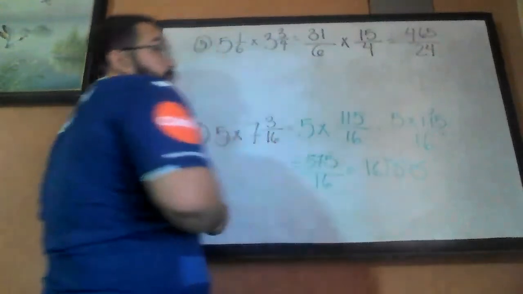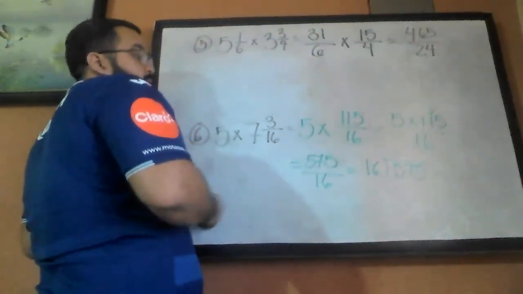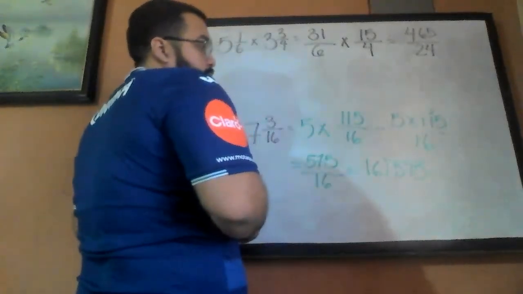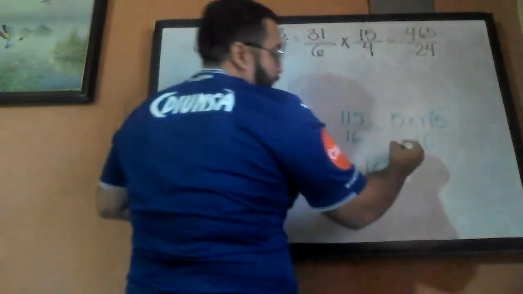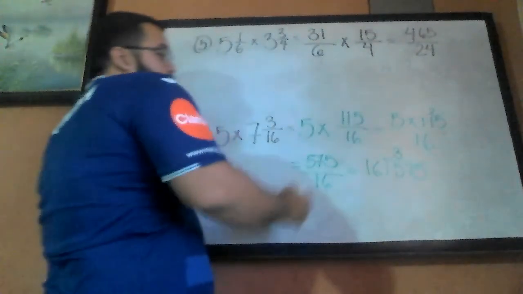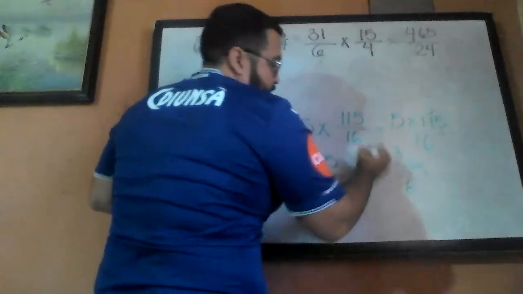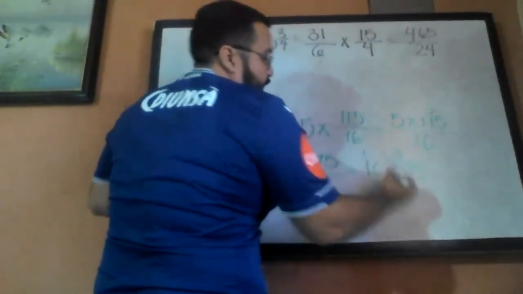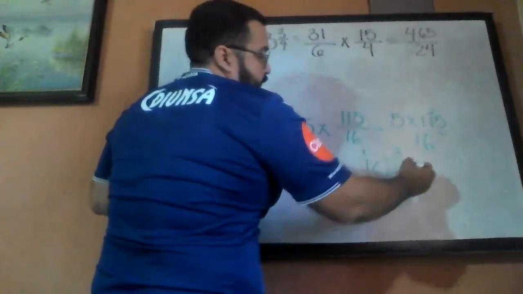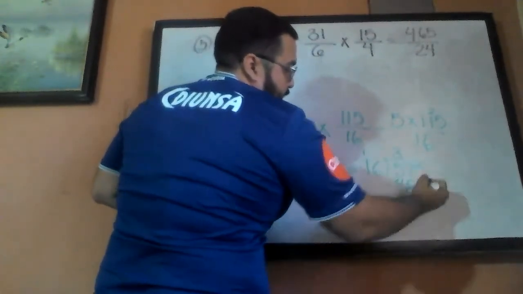If I multiply times 3, 48. Okay, so we're going to multiply times 3. 16 times 3 is 6 times 3, 18. 3 times 1, 3 plus 1, 4. 57 minus 48 equals 9.